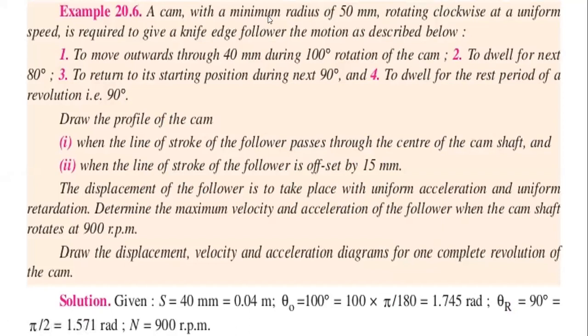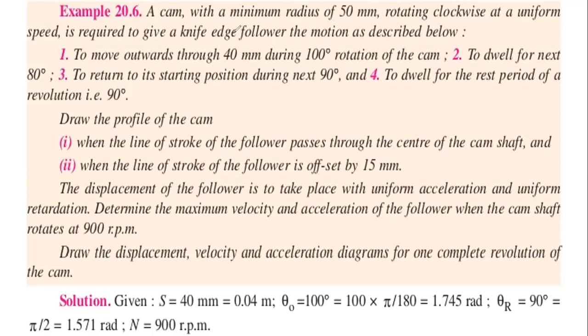A cam with a minimum radius of 50 mm rotating clockwise at a uniform speed is required to give a knife edge follower.